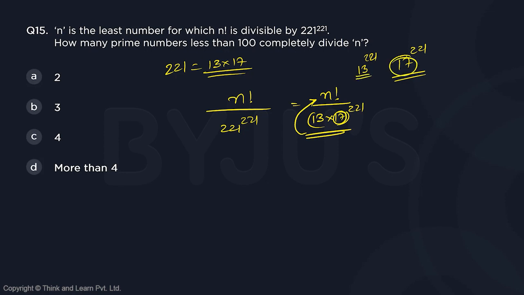That is the basic logic. We all know that, because 17 comes after 13. So if there are 221 17s, then automatically the number of 13s will be more. So you don't have to worry about 13. We now need to look at a number n factorial which will have 221 17s.